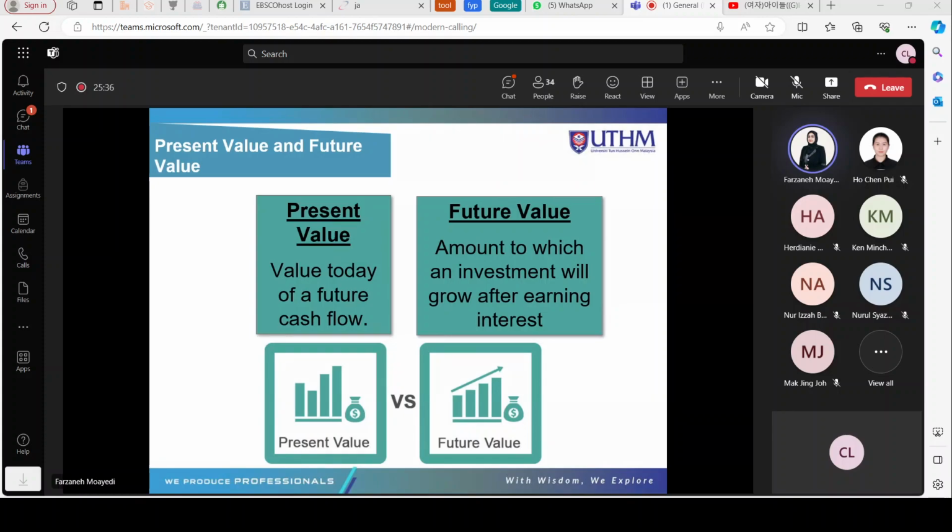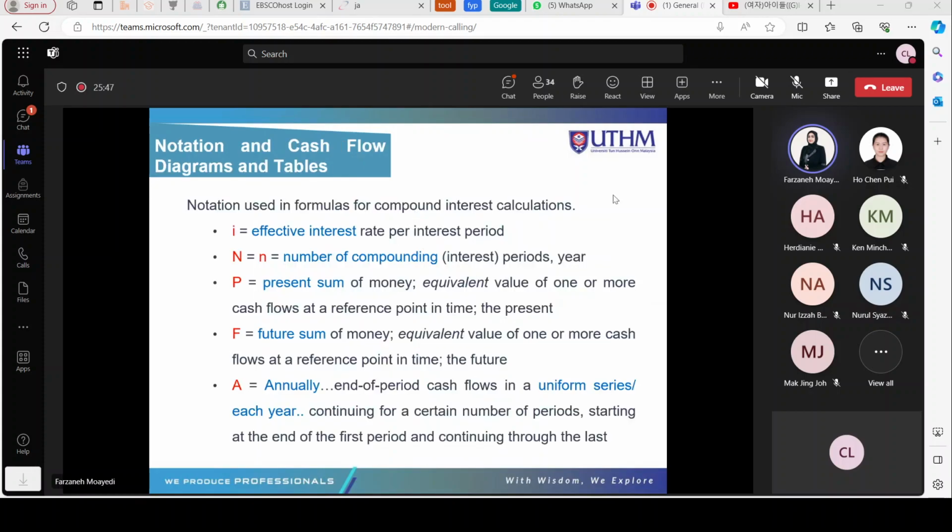You are increasing the value of your money, and you want to know how much that value is going to be. Whatever you have learned so far, we are going to put into calculation today. The calculations are actually very straightforward and simple.